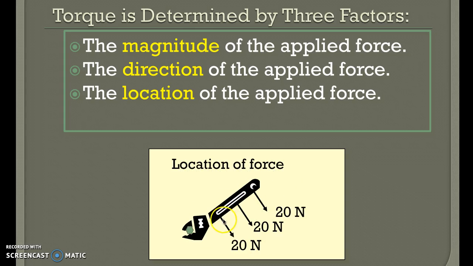And finally, the location. So the further you are from the point of rotation, the easier it is to turn something because you actually create a larger amount of torque by increasing this radius. Okay, so the further you are away, the greater the torque. And when I was younger, I had a truck, and actually the engine would freeze up.